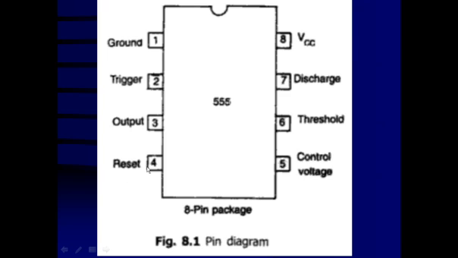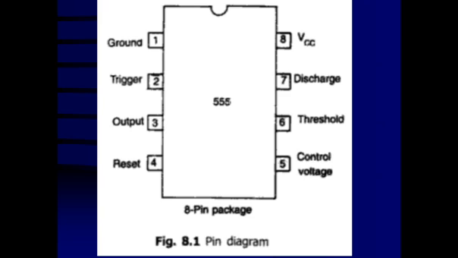Reset terminal. Pin number 4 is a reset terminal. Normally a monostable has one stable state and one unstable state. So when it is in the unstable state, at any instant or any intermediate time, you can activate this reset terminal to low.